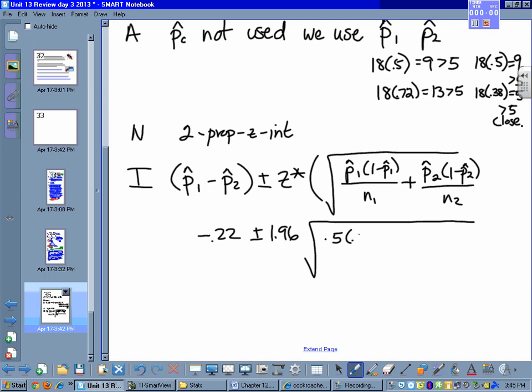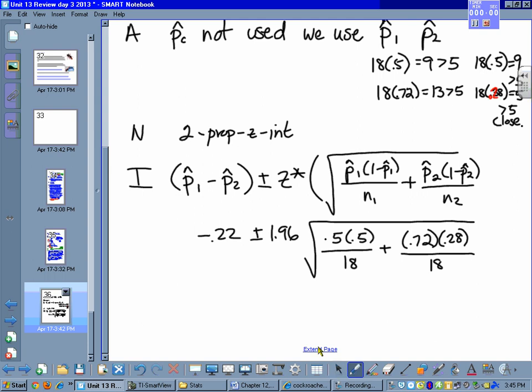So 0.5 times 0.5 divided by 18 plus 0.72 times 0.28 over 18. This up here I said was a 3/8. This is actually a 2, and that would equal 5.